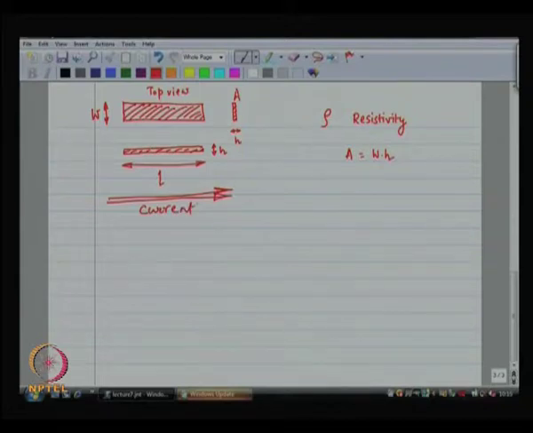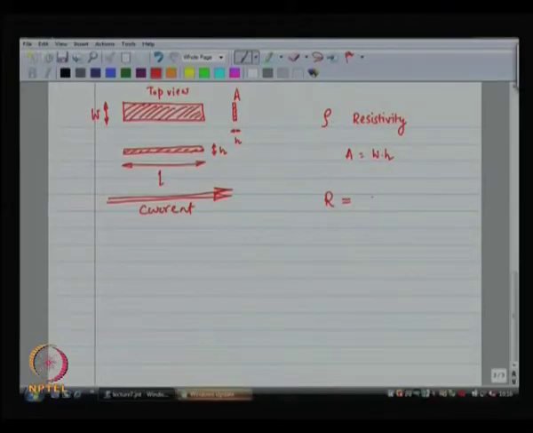I am sure you are familiar with this: the resistance R is inversely proportional to A, directly proportional to the length, and proportional to rho.